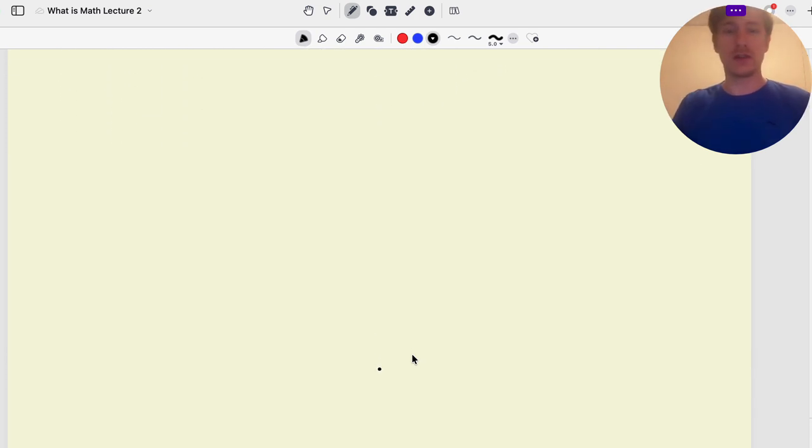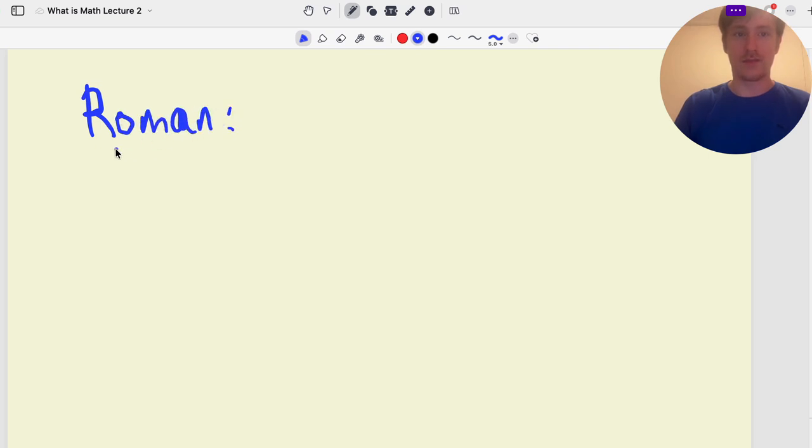So a lot of civilizations made a finite number of symbols, and they used additive notation. And what that means, just to give you an example of something you might be familiar with, would be something like the Romans. Okay, so Roman numerals, for example, might have a number like CXVII.